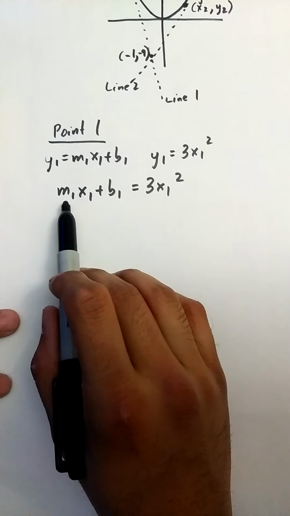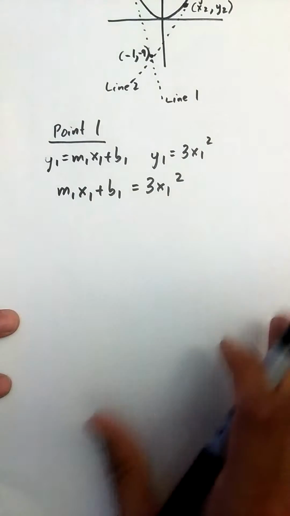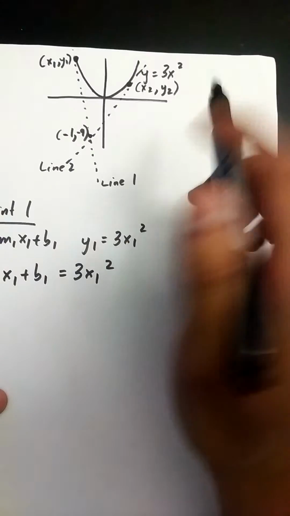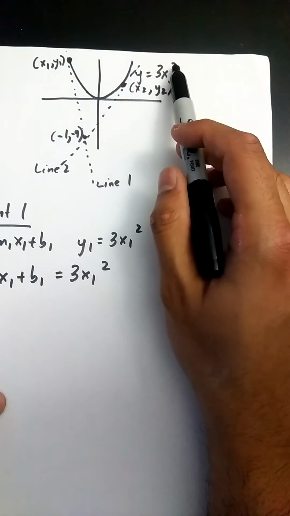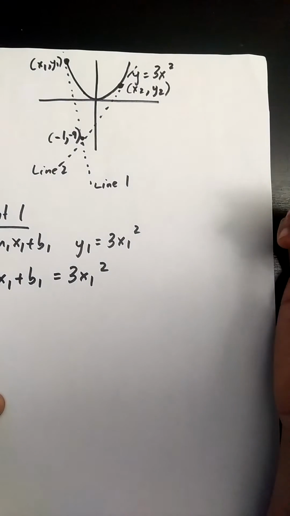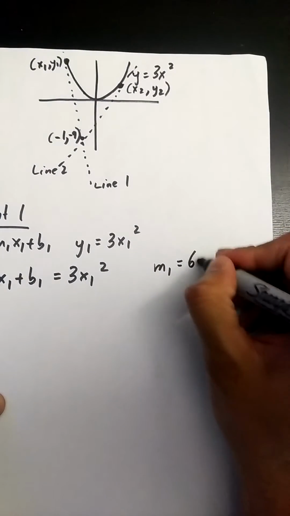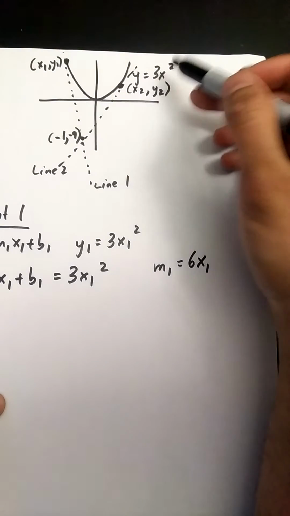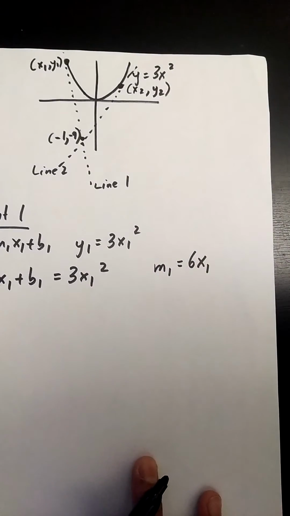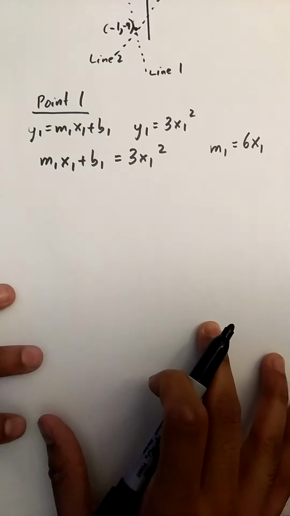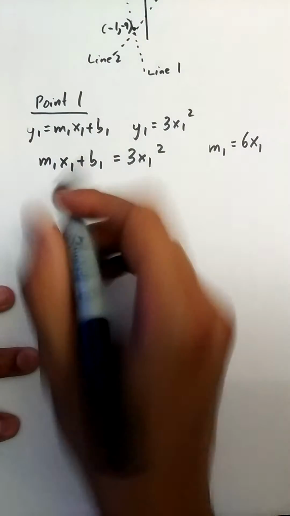And then I have to find my m1. I know that from the function y equals 3x squared, I can find my slope by deriving it. So my m1 is going to equal 6x1, I've basically just derived that function. I'm going to sub my m1 back into this equation.